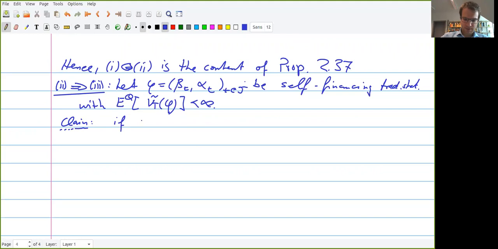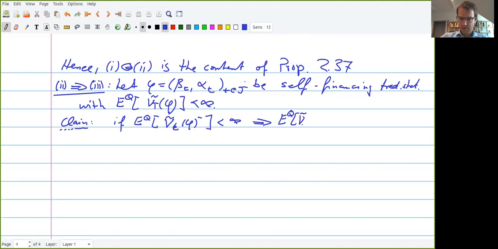If we know that the negative part of the discounted value process under Q at time t is integrable, then I have the martingale property for this step.